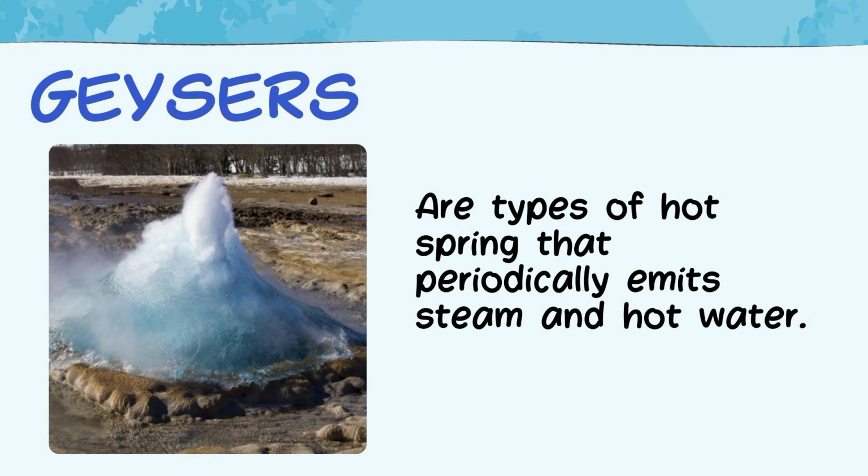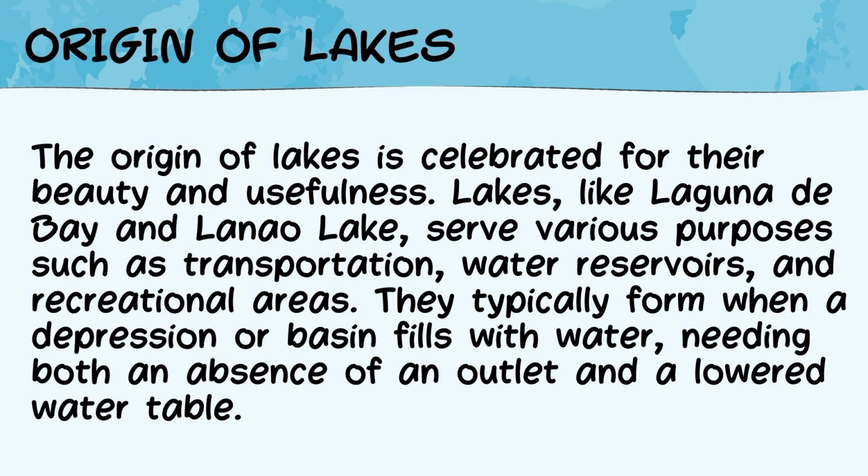The eruption clears the conduit and the cycle begins again as water refills the system. The timing and intensity of eruptions vary depending on the size and complexity of the underground plumbing and the rate of heat input. Region of lakes is formed when depressions or basins without an outlet are filled with water.